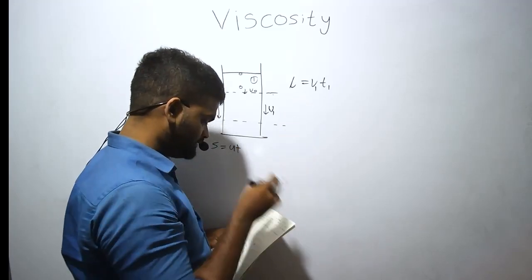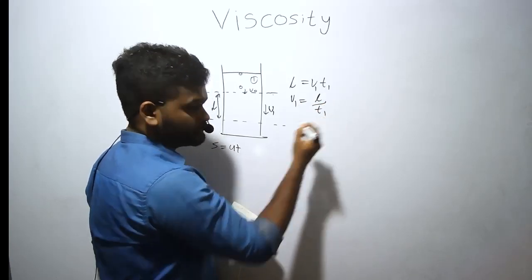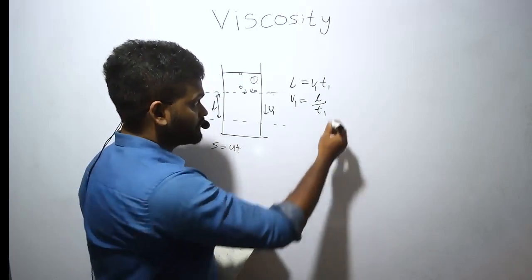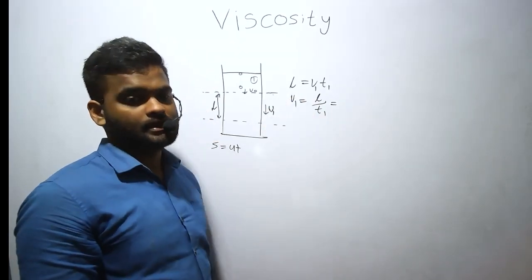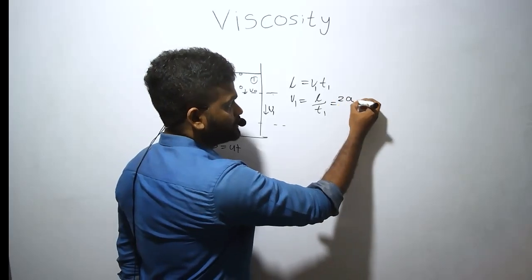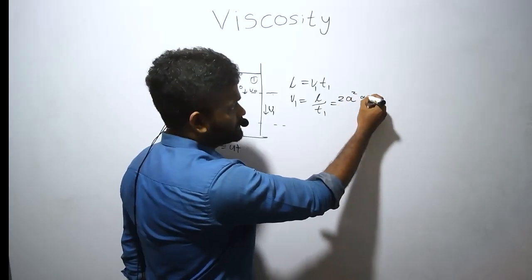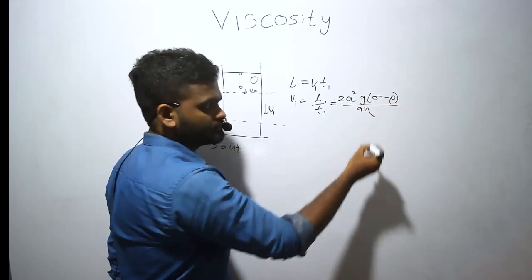Then V1 is equal to L divided by T1. Also V1 is equal to what? Terminal velocity. What is the equation for terminal velocity? You must remember this: 2a squared g (sigma minus rho) divided by 9 eta.